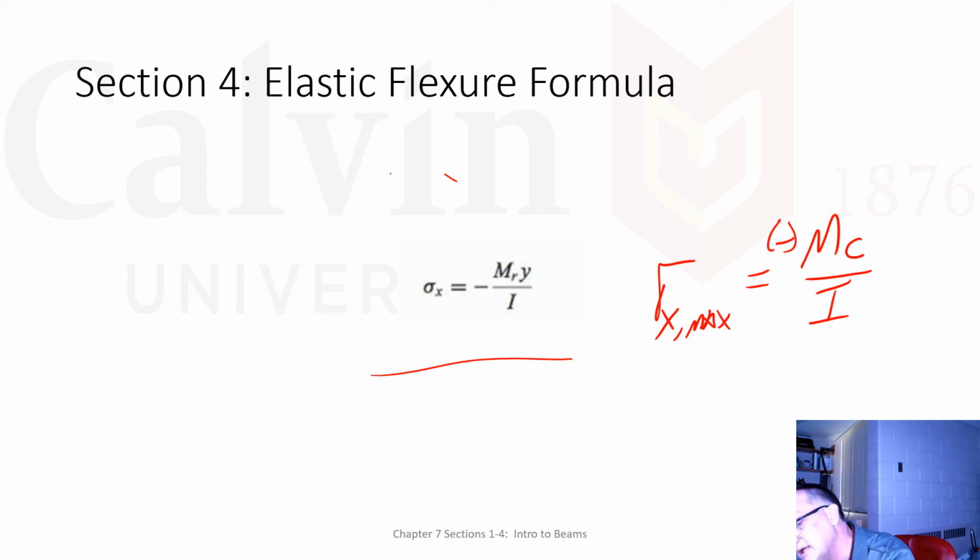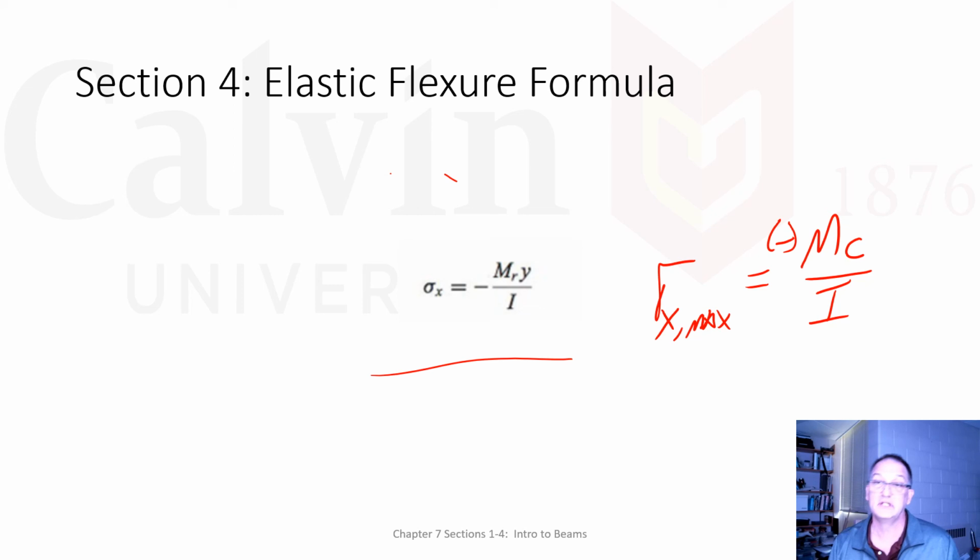There might be a minus that you need to take into account, but C is now that distance out to the extreme fiber again. And so you want to remember that. Now, it may be that your maximum stress is positive, as this would indicate when I drop the negative sign, or it could be that it's negative.